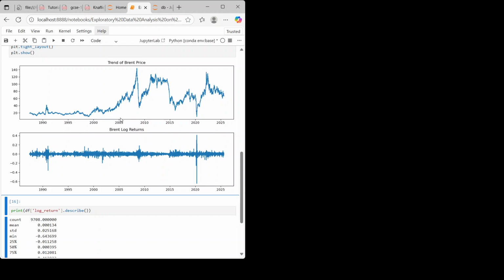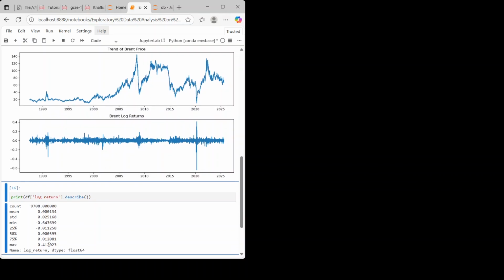But most of these risks are critical for risk management and hedging strategies for businesses that are into oil and gas products. We also have the maximum. So the best single day return will be a 41% surge. That is a 41% increase.